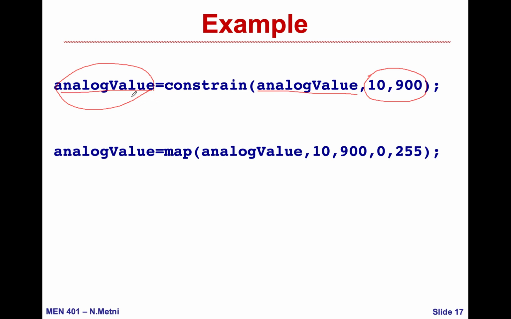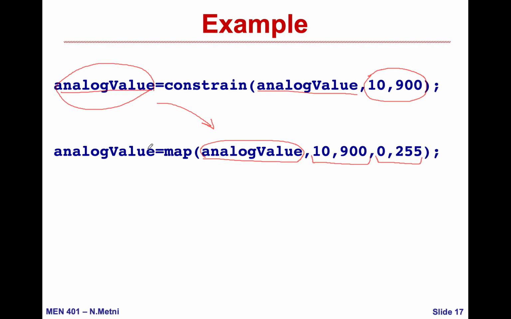Now I will map the value after the constraint, and I will tell the map function I want to map this value from the start interval 10-900 to the destination interval 0 to 255.